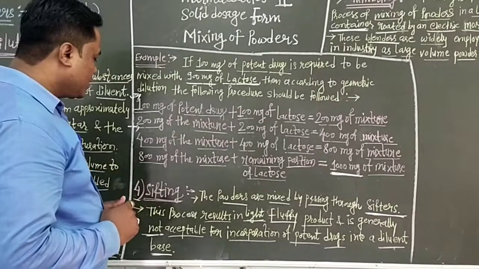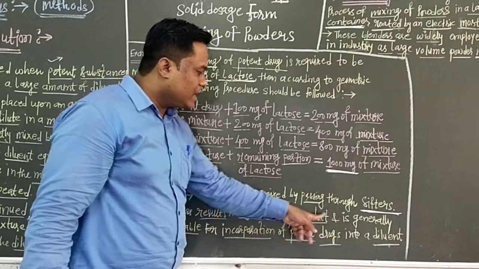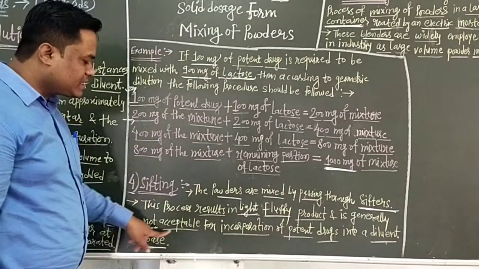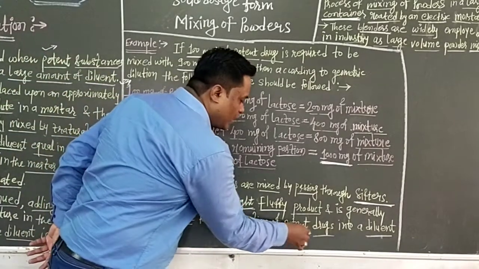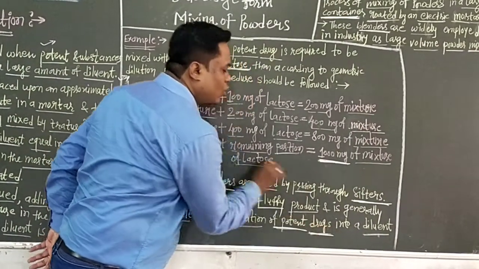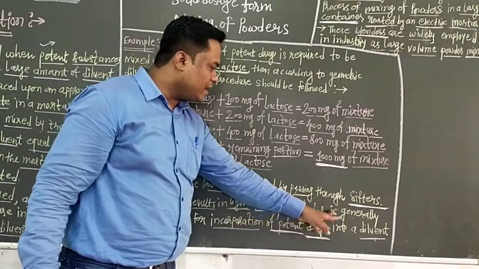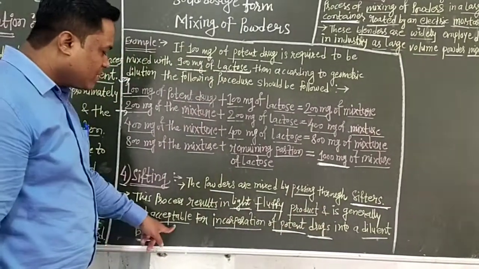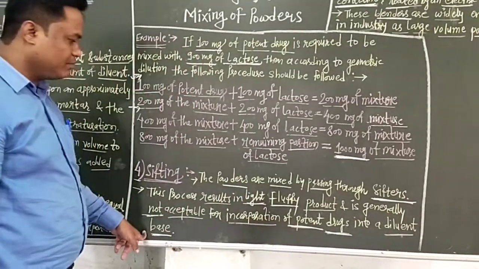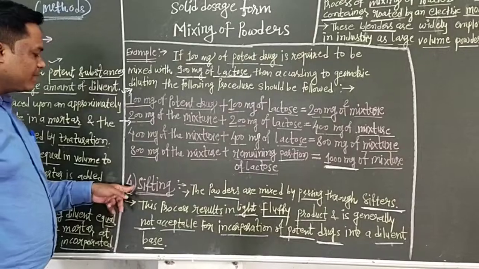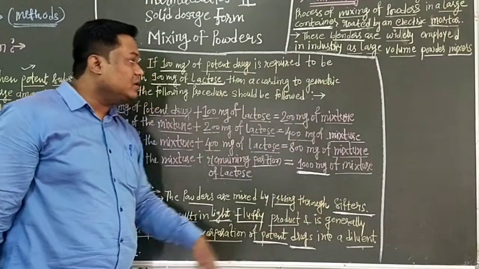The very fine powder results in a light fluffy product and is generally not acceptable for incorporation of potent drugs, because potent drugs are present in very small amounts. So we do not use the light fluffy product, which is generally not acceptable for incorporation of potent drugs into a diluent base. This is the sifting process, in which the sifter is used to mix the powders.